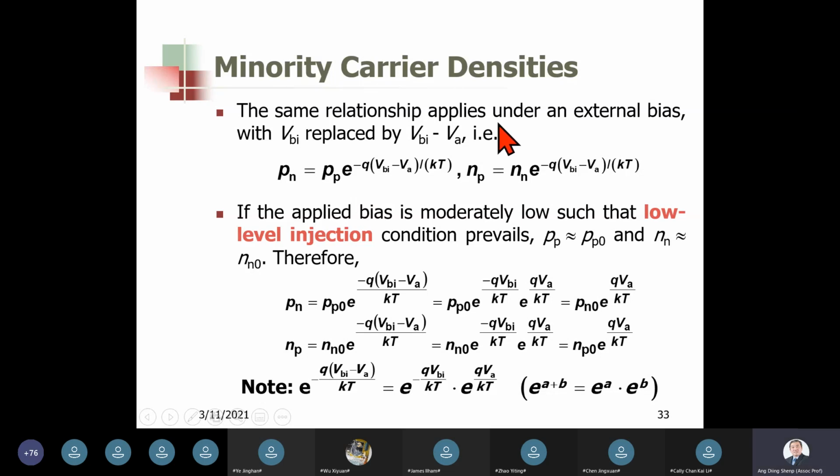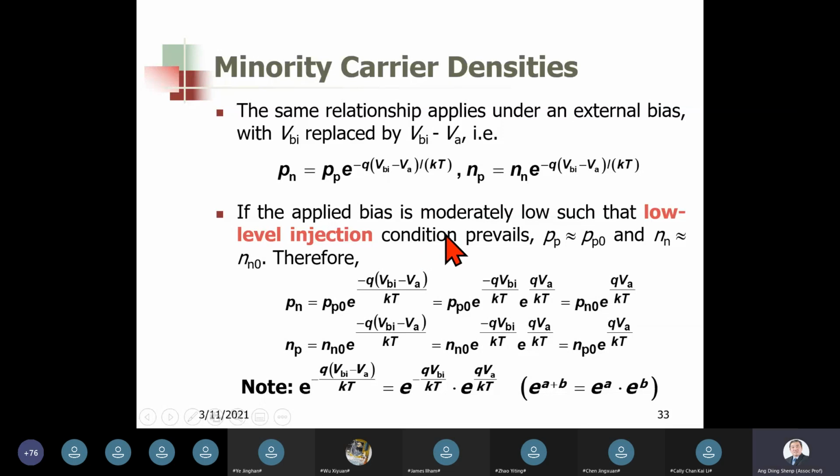This is reasonable because when an external voltage is applied, it only modifies the junction potential and the junction electric field. So this modification will therefore lead to different values now in Pn and Pp, but they can still be related by the net junction potential.